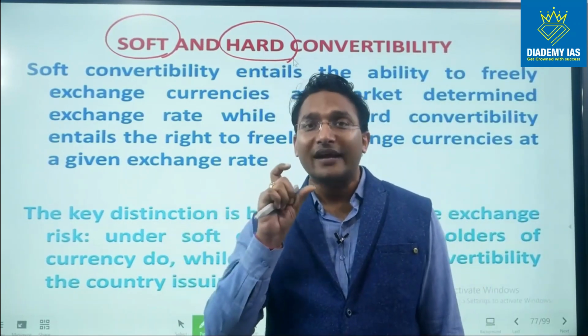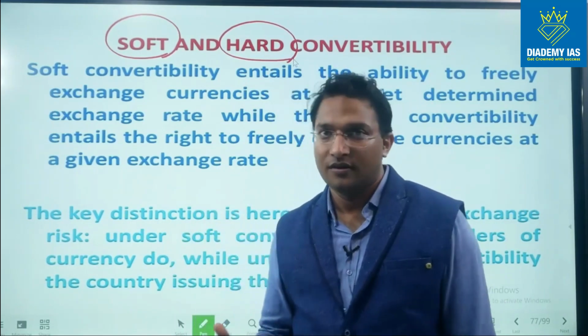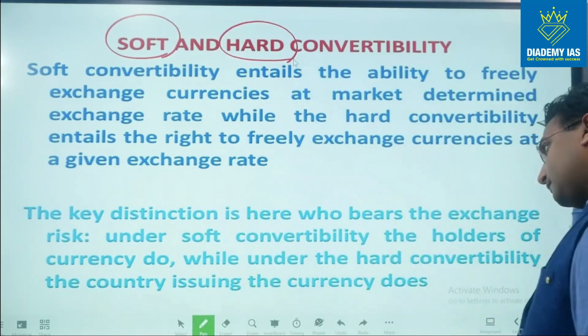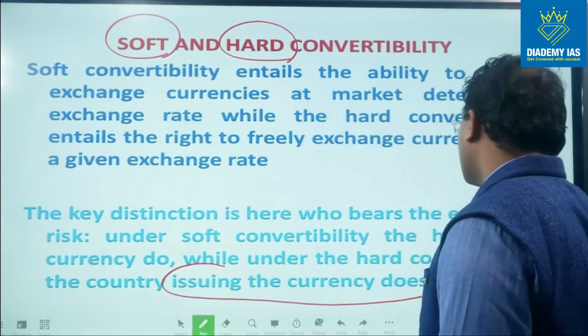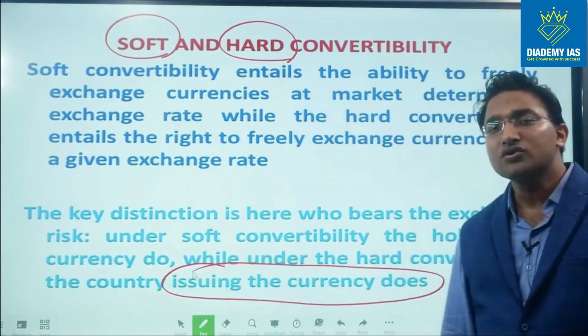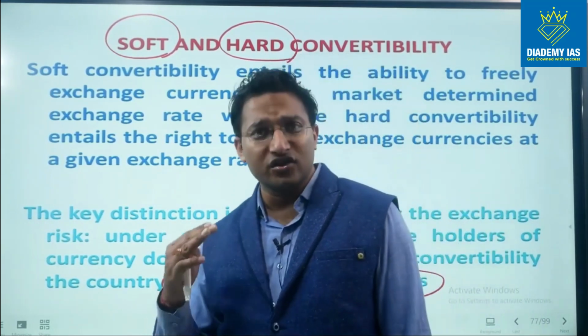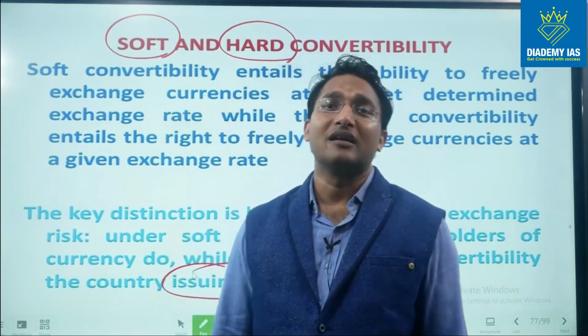That means the exchange rate is fixed but convertibility is allowed. In this case, the risk lies with the country issuing the currency, because the currency issuing authority has fixed the exchange rate. So whatever the impact is going to come on that country itself.